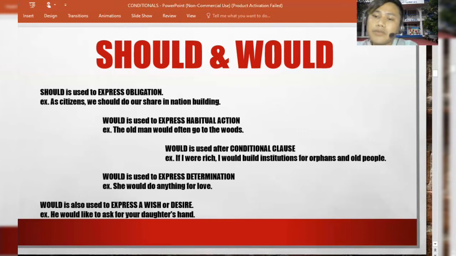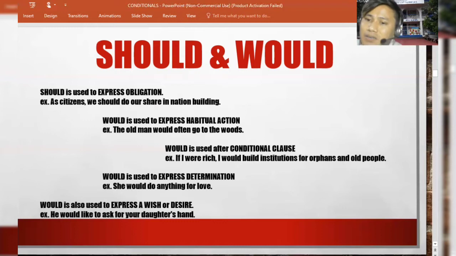And number 2, it is also used after a conditional clause. Later we will know further about conditional clauses, but I won't be discussing it right now, maybe later. In our example, if I were rich, I would build institutions for orphans and old people.